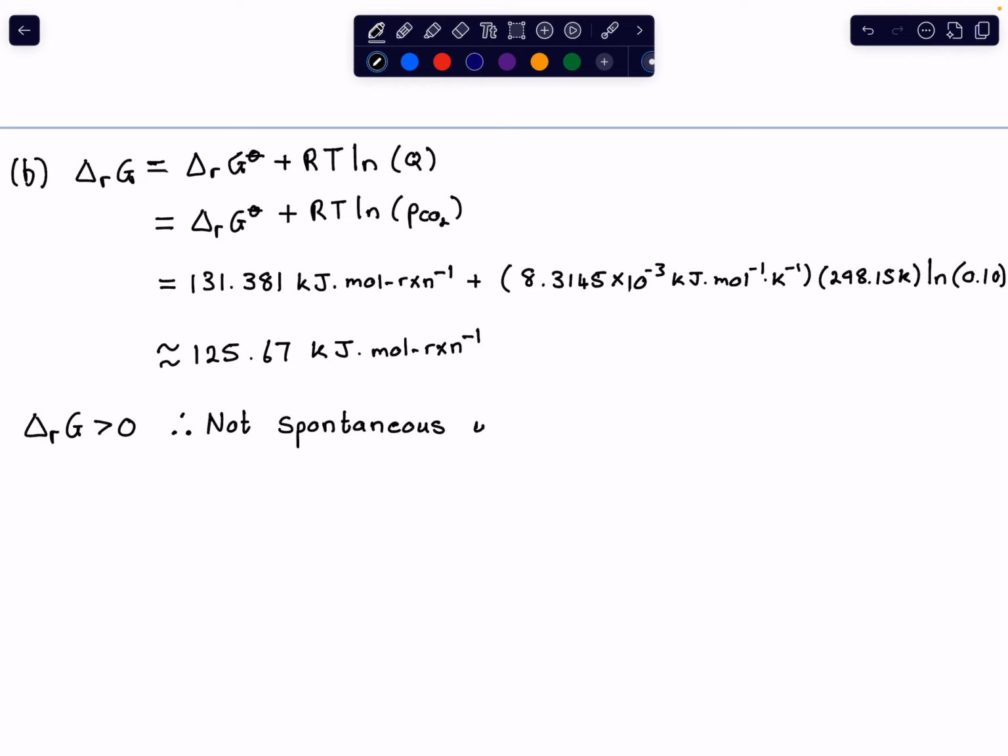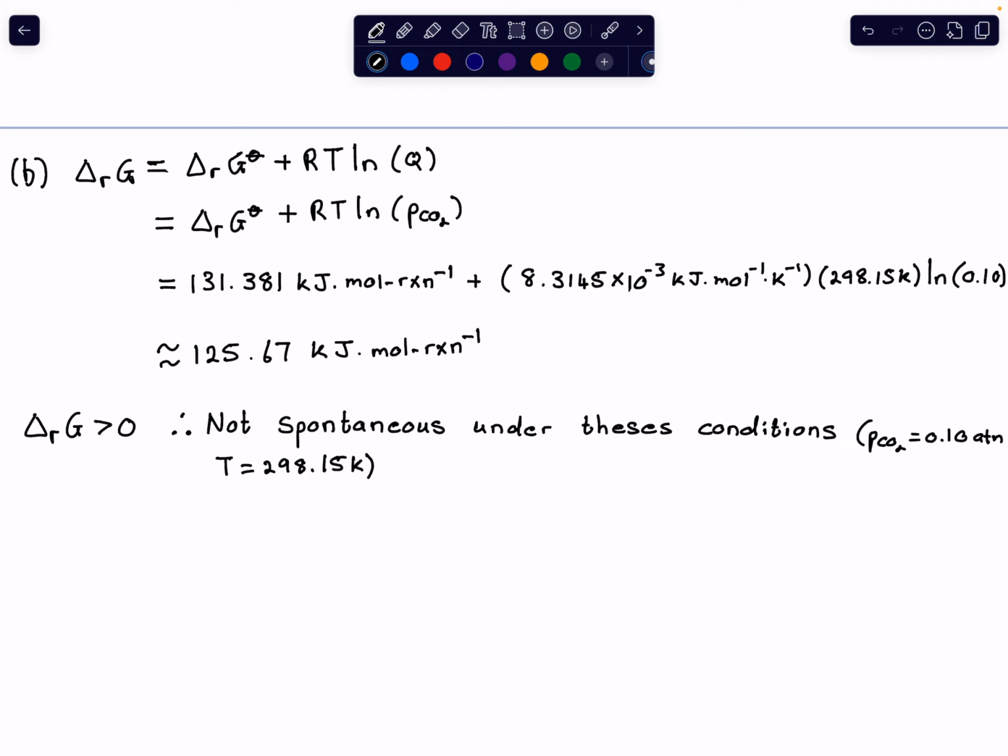All right. Under these conditions, which are specifically that the partial pressure of CO2 is equal to 0.10 atmosphere, and that the temperature is equal to 298.15 Kelvin.